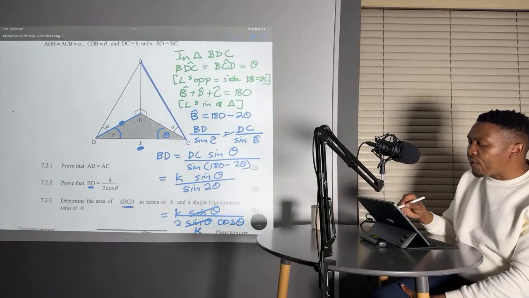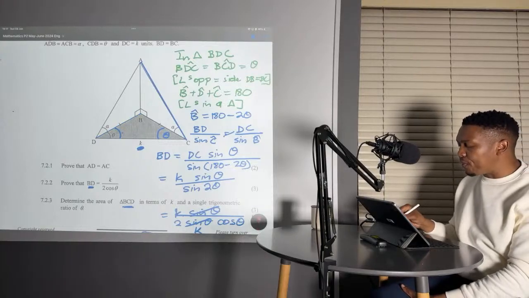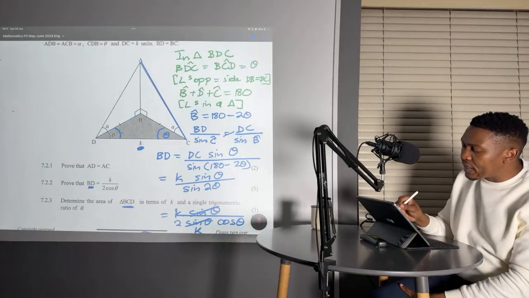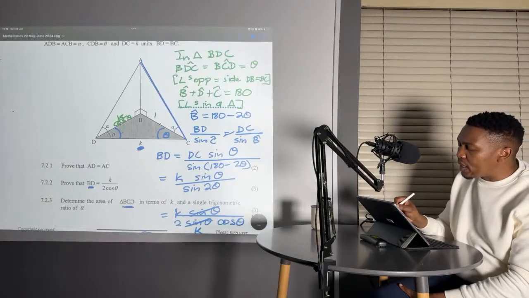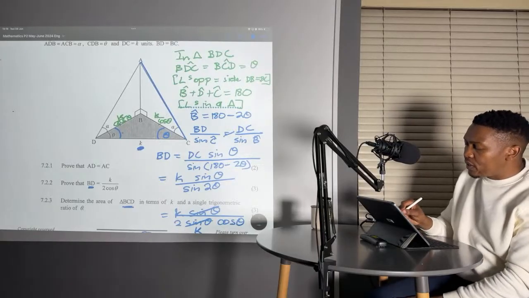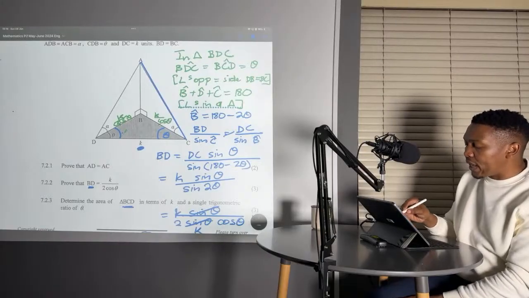So we've already found two sides. Now remember, we've proven that BD is K over cos theta. But it's actually the same as that side as well, K over cos theta. All right, so let's find two sides and an included angle.